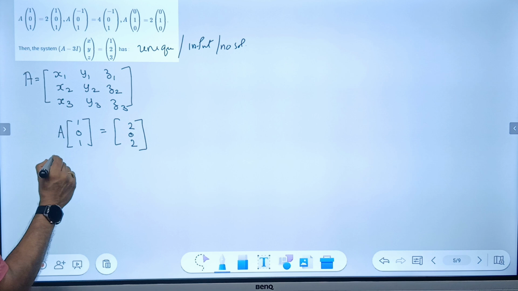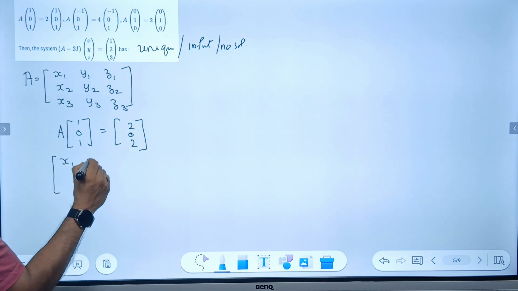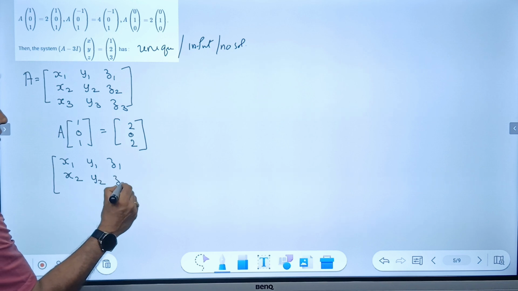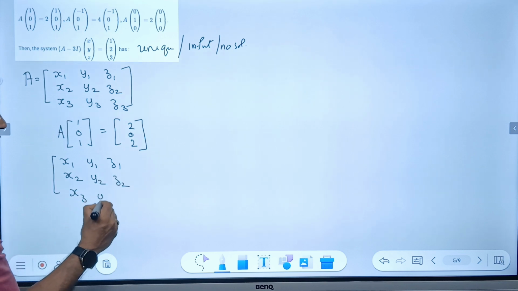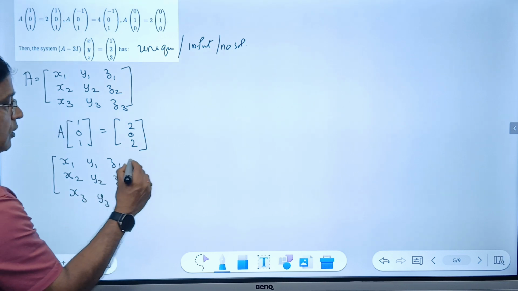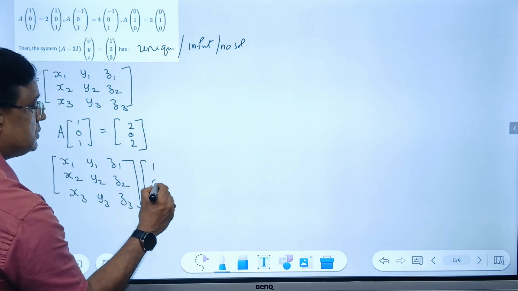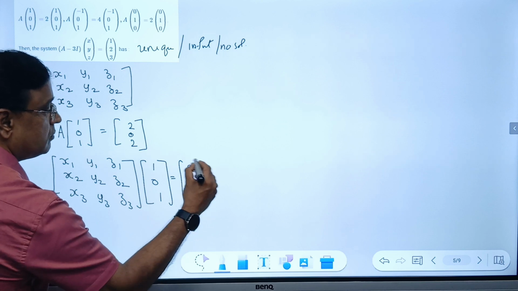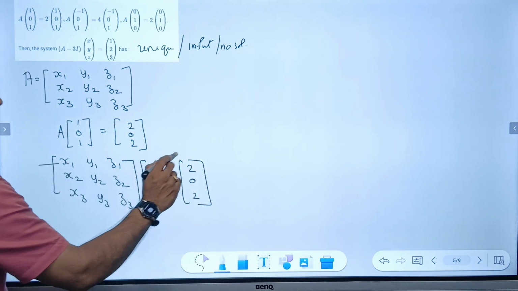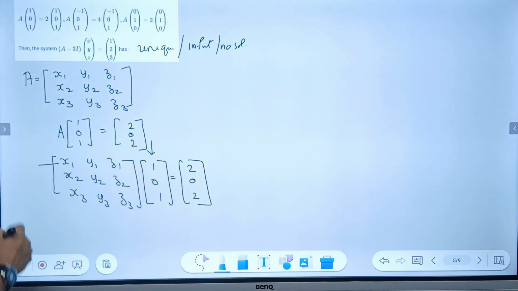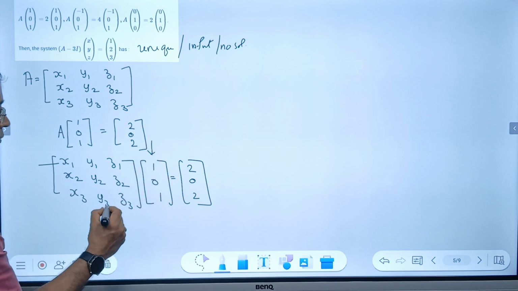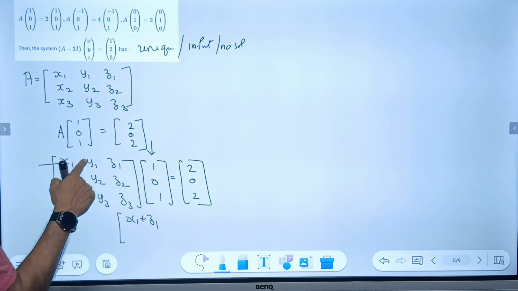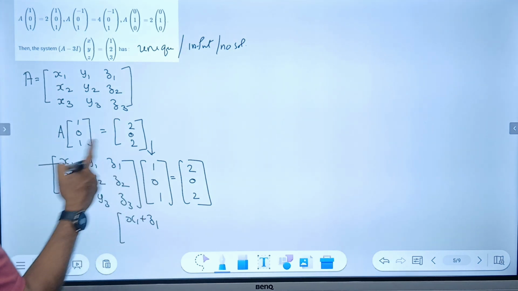Now what is A? A is x1, y1, z1, x2, y2, z2, x3, y3, z3, followed by 1, 0, 1 equal to 2, 0, 2. Now multiply. First row, first column. What do you get? It will be x1 plus z1, because y1 will be multiplied by 0.